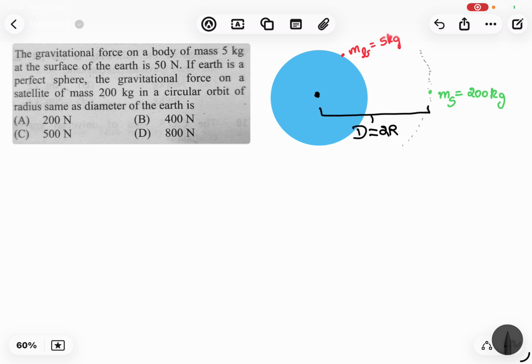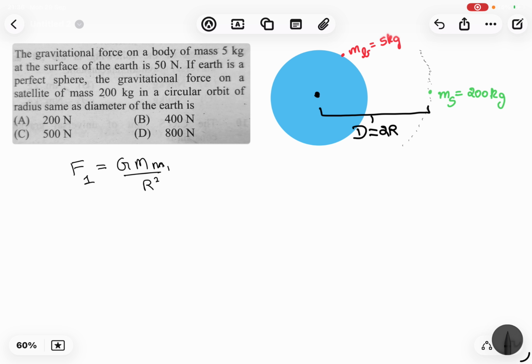So we basically write down the equations of gravitational force for both the masses. First we take mass 1, the mass of the body with respect to the Earth, which is given by G M m1 divided by R squared, R being the radius of the Earth.